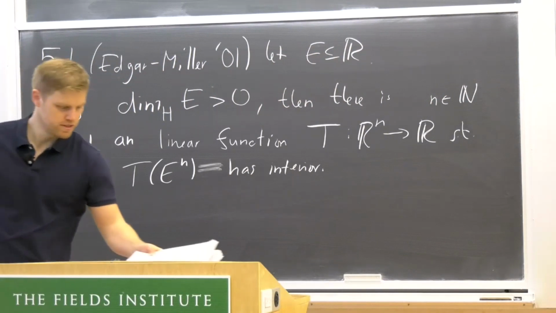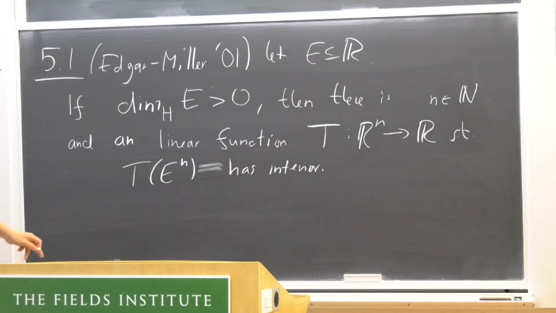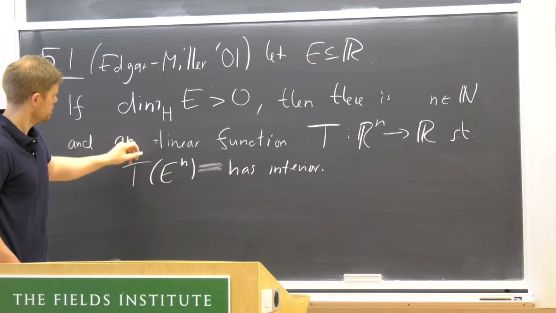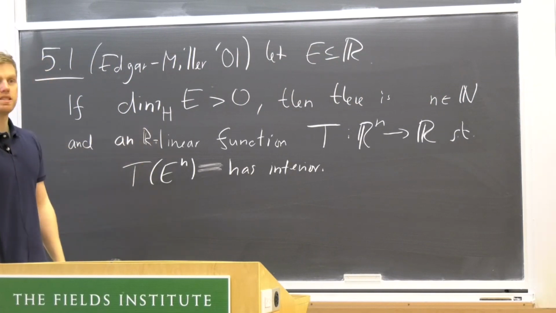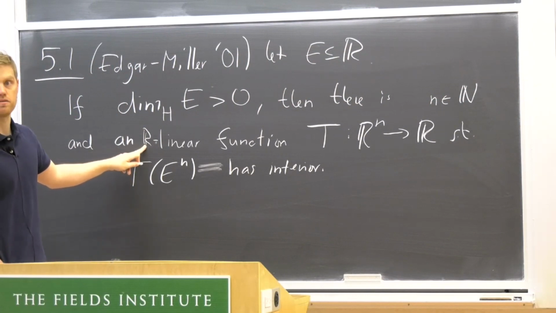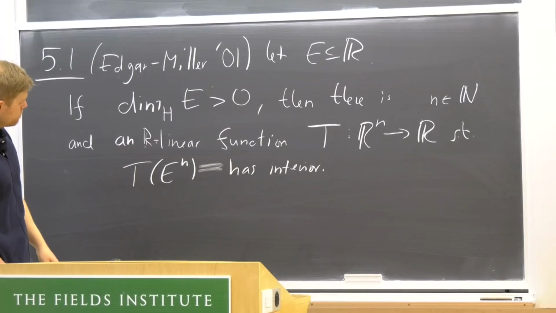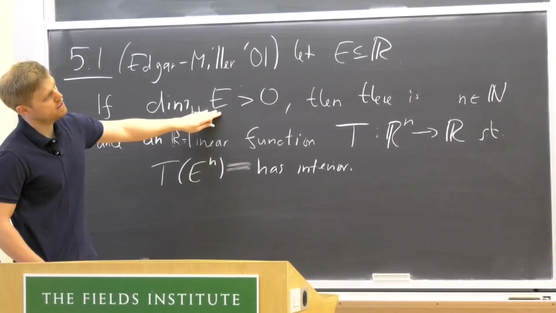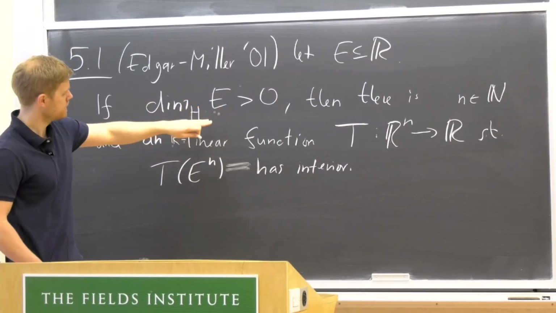I'm going to give a proof of this, and there are two things I want to say. Linear here means, and we have to be careful as logicians, R-linear, so the scalars come from R, not just from Q per se. And so now let's see what this means. We have this set E. If you look over there, this is the Cantor set.